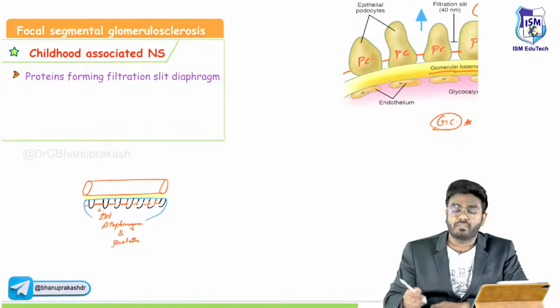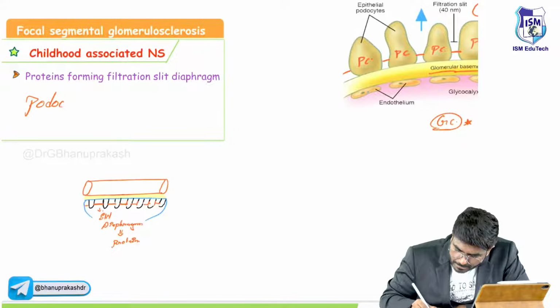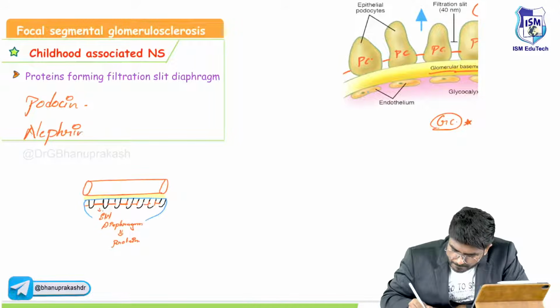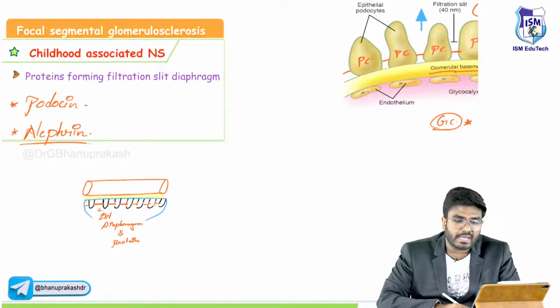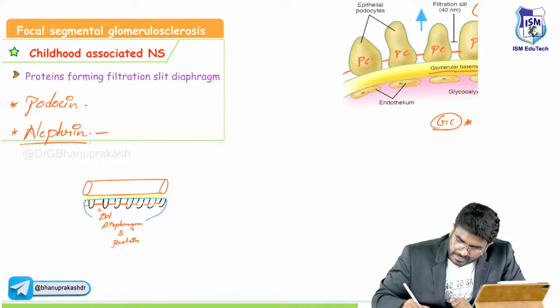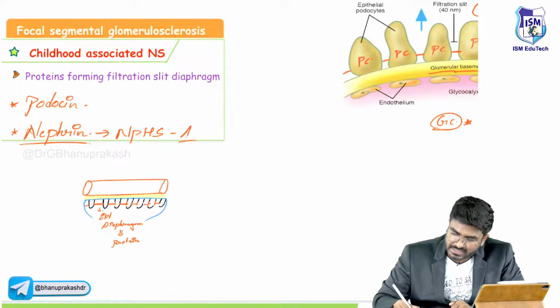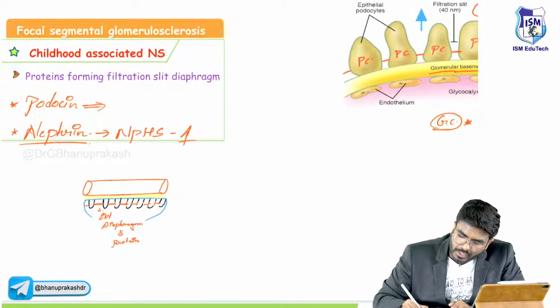Slit diaphragm is made up of what? Podocin, nephrin. This podocin and nephrin are coded by certain genes. Nephrin is coded by the NPHS1 gene. Podocin is coded by the NPHS2 gene.